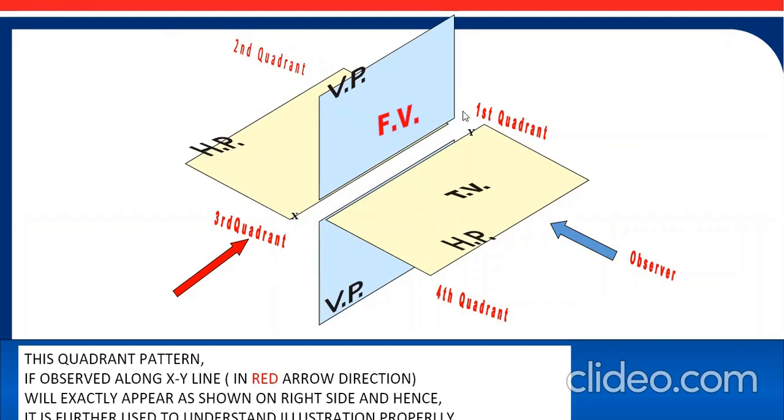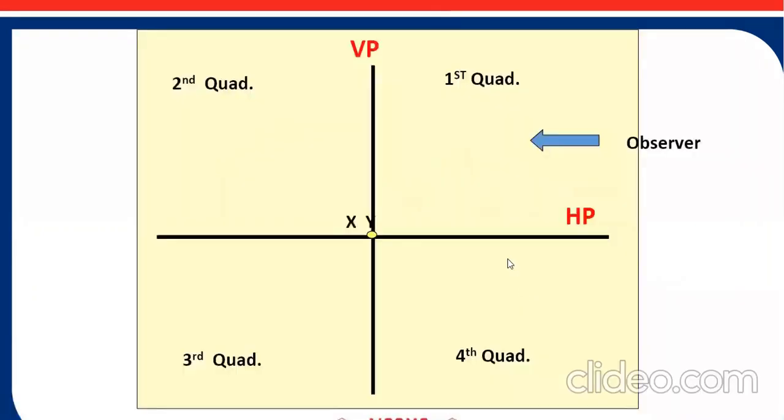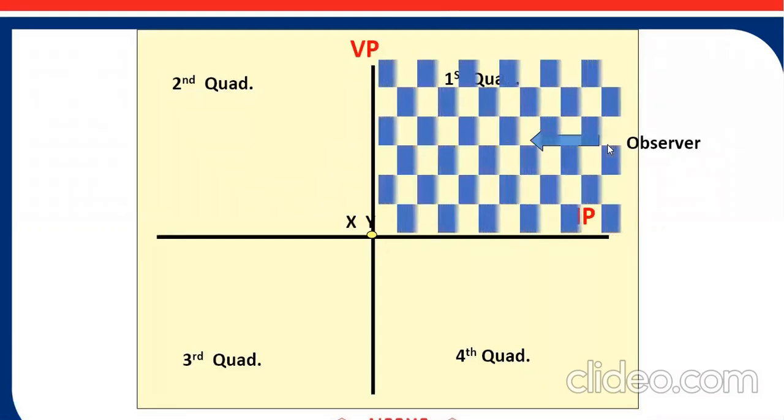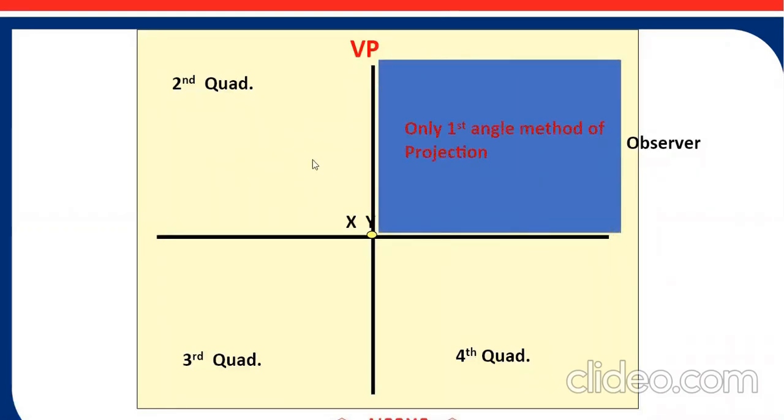But in the first angle method of projection, we get the front view above the XY line and the top view below the XY line. So only the first angle method of projection we are using.